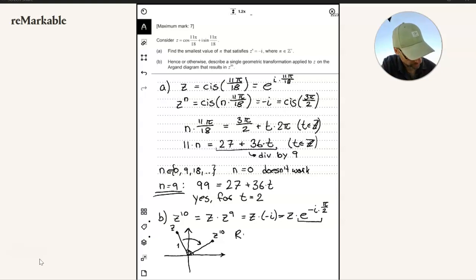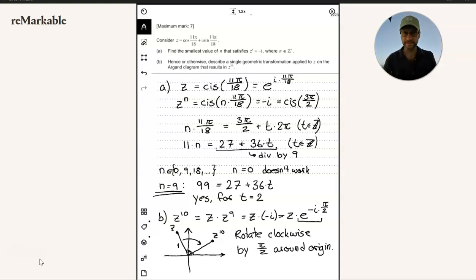So rotate clockwise by pi over 2 around the origin. And that's what they expect you to answer for part B.